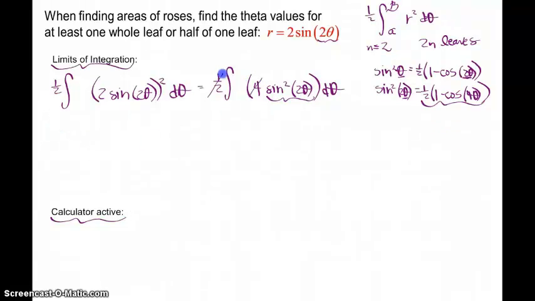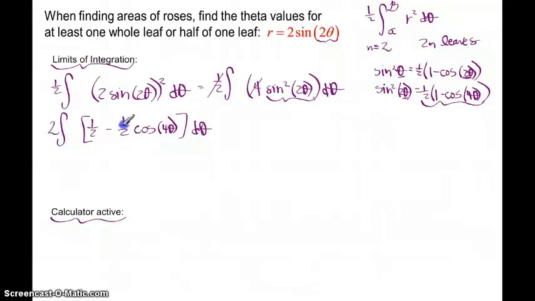This 4 and this 1/2 become 2. So I have a 2 out front. And now this term cleans up to 1/2 minus 1/2 of the cosine of 4 theta d theta.